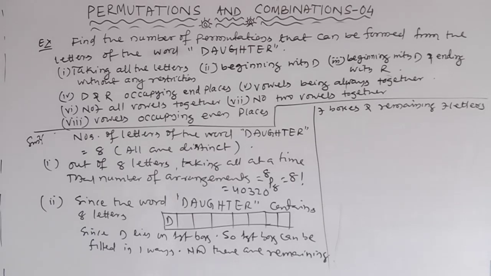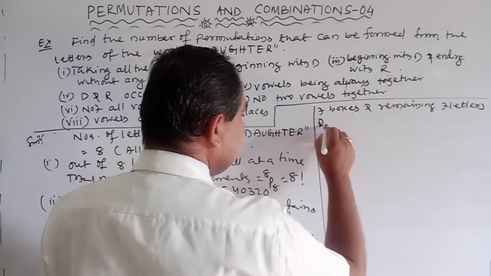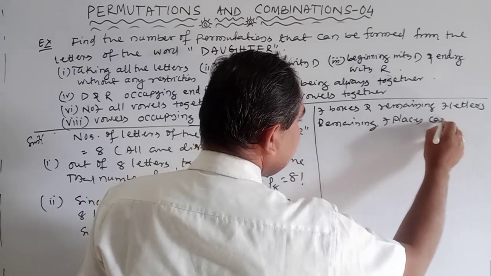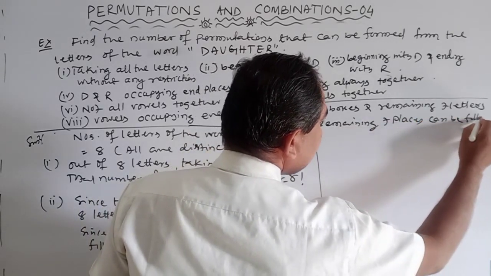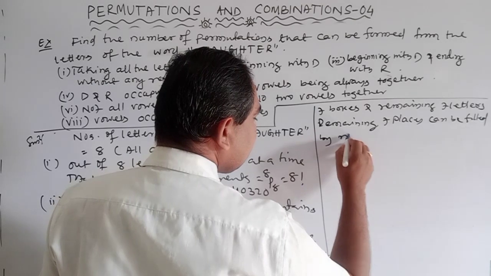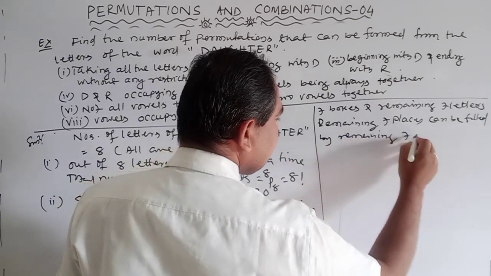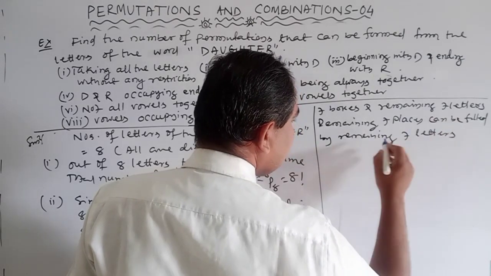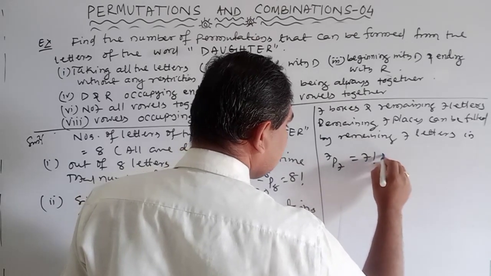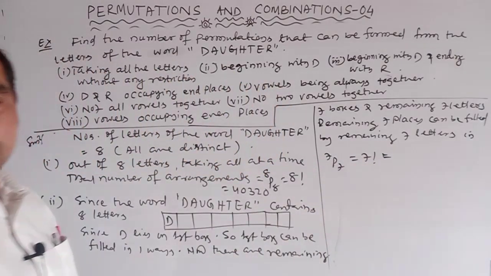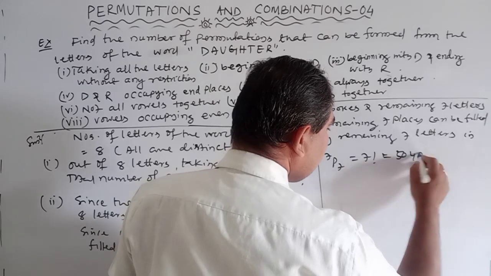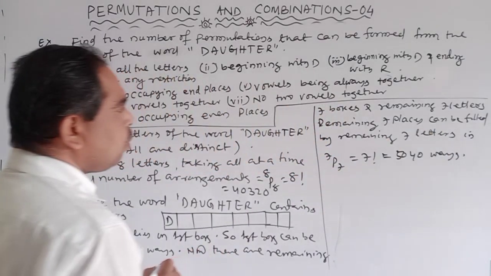So the remaining 7 places can be filled by the remaining 7 letters in 7P7, that is 7 factorial ways, which is 5040 ways. Okay. This is question number 2.